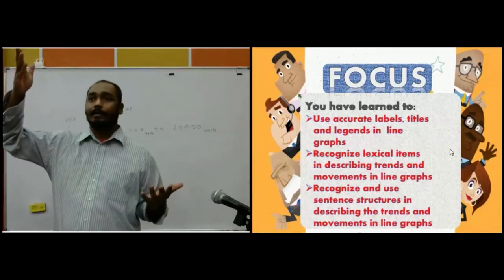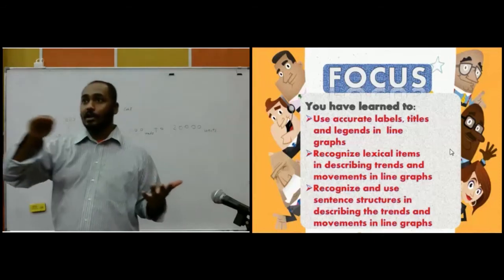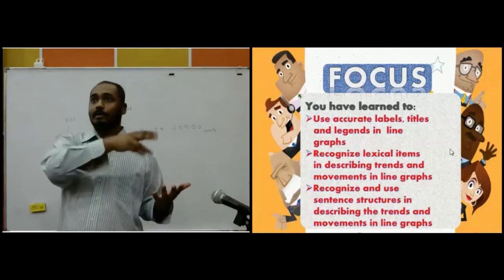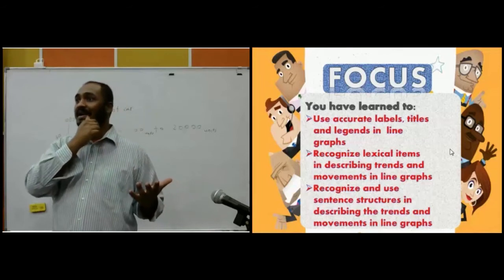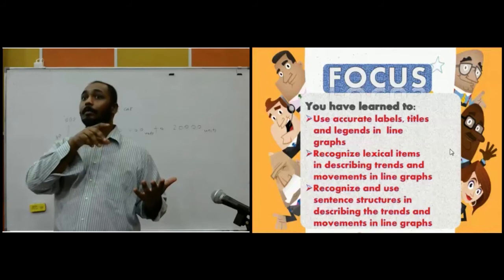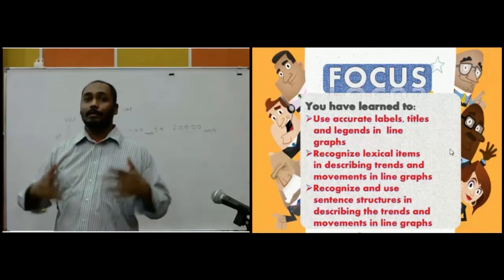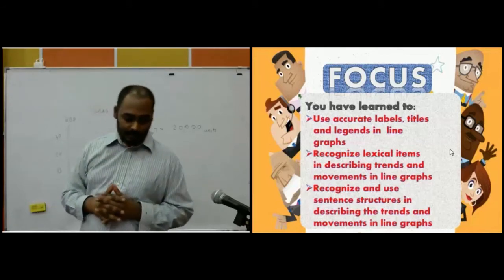Upward trend, downward trend, unchanged, and then fluctuation. And then you may have recover, bounce, one more, the peak and the lowest. So you should be able to recognize them.